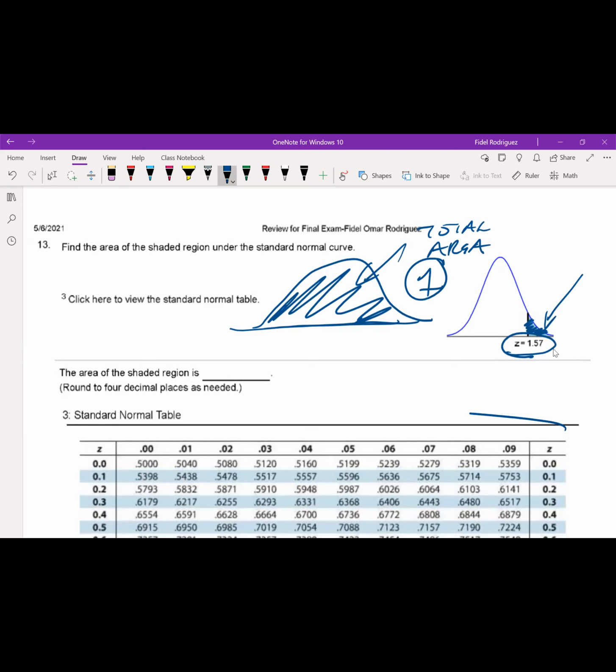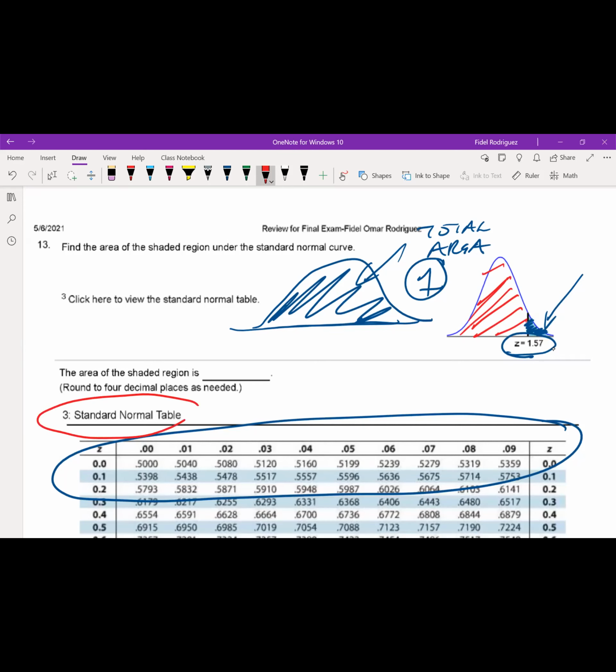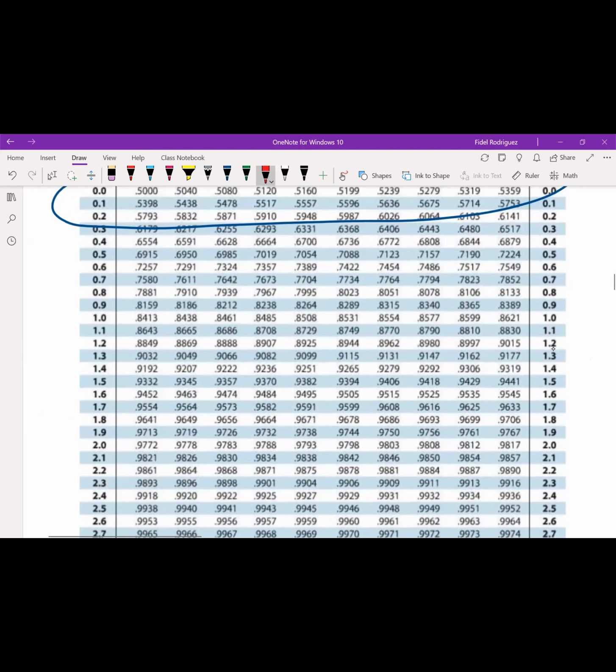But whether I use my table or my calculator, either one will always tell me the area not to the right, but to the left, okay? So I'm going to show you two ways of doing this. If we wanted to use the table, first thing we're going to do is find when z is equal to 1.57.